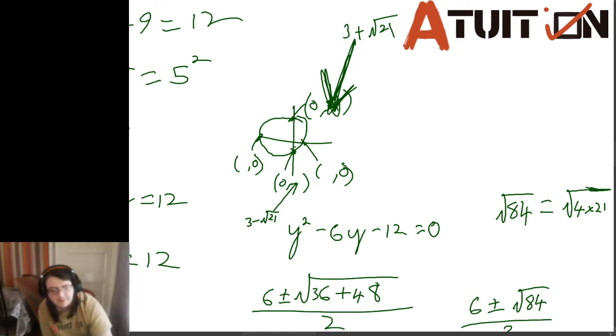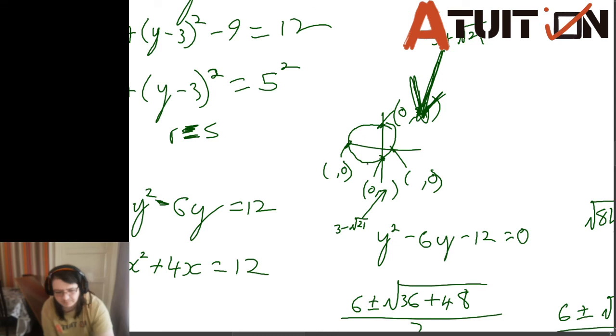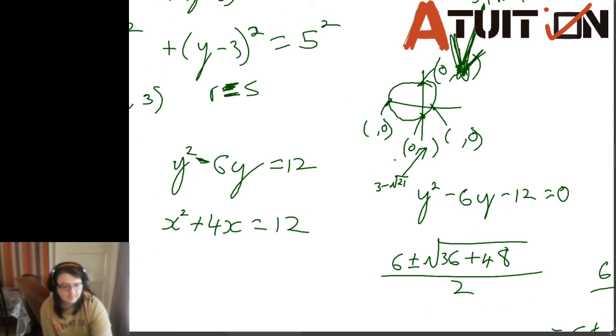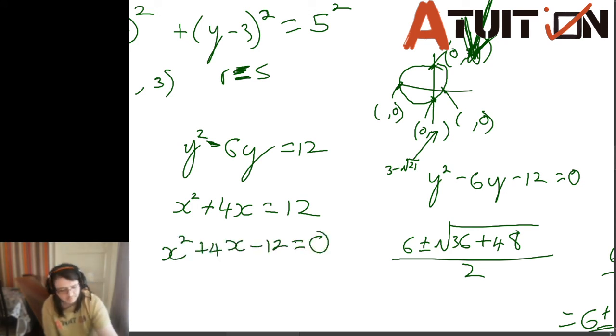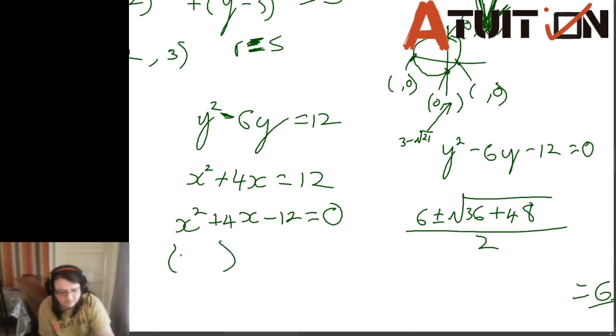Okay. Now then, for x, maybe this one will factorize and it'll be a bit nicer. Yes, it will. Wonderful. For x, if we make this equal to 0, so x squared plus 4x minus 12 equals 0, then that will factorize. Can you tell what it will factorize to? This will go to x minus 2 times x plus 6 equals 0.